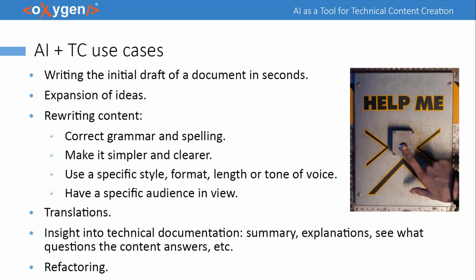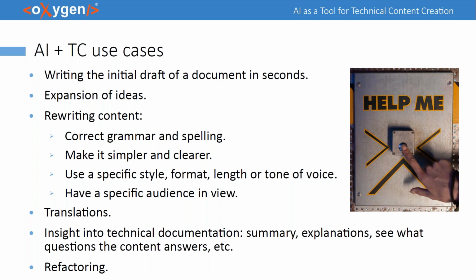AI can also help us in rewriting our content. And while rewriting, we can ask the AI to also correct the grammar and spelling mistakes. AI is able to rewrite it in a simpler and clearer way, very fast if we ask it.